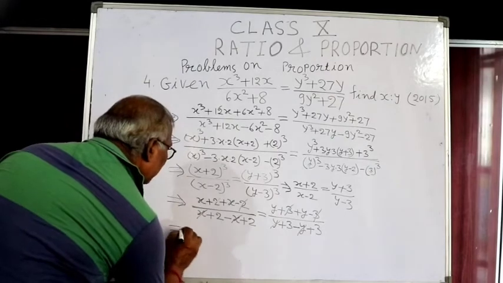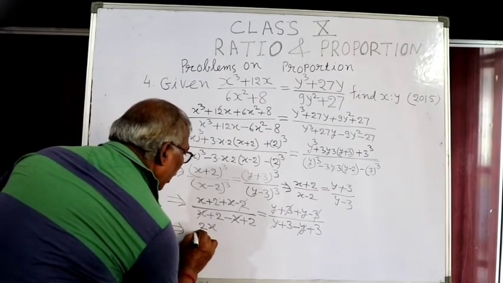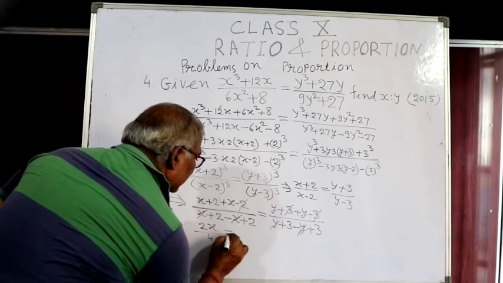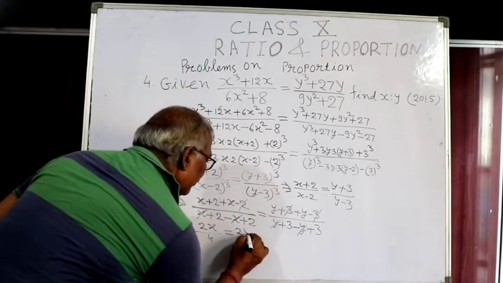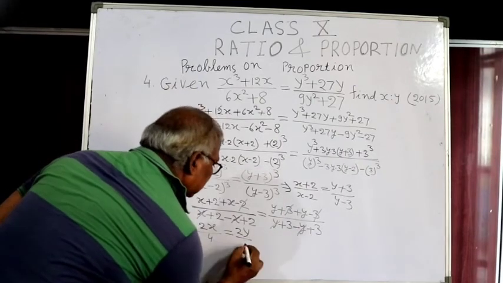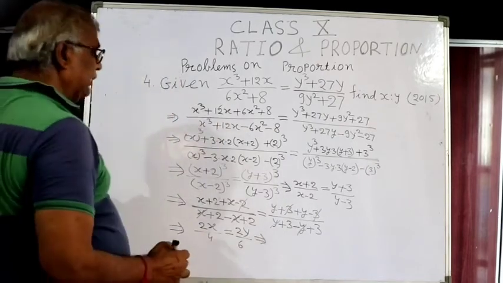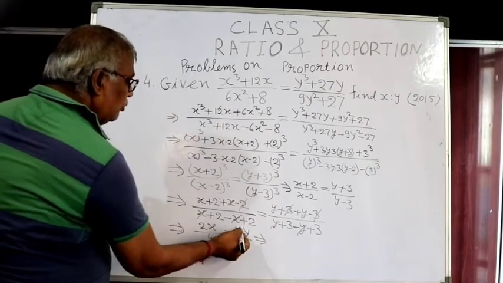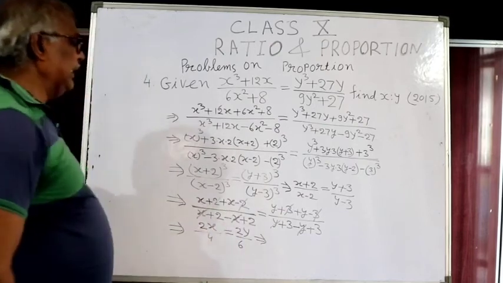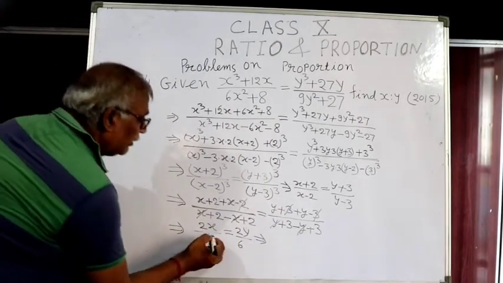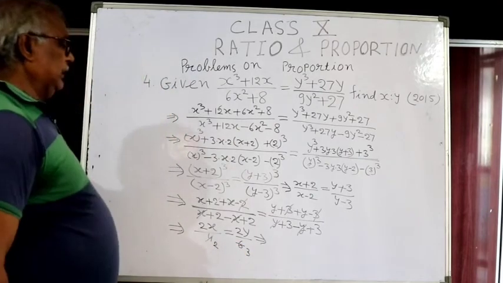This implies that 2x upon 4 is equal to 2y upon 6. This 2 and this 2 from both sides in the numerator cancel. We have 2 2s are 4 and 2 3s are 6.